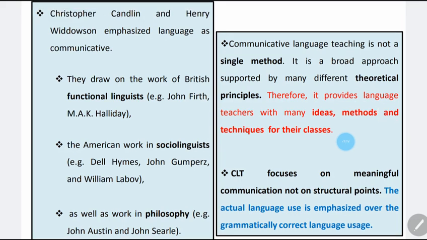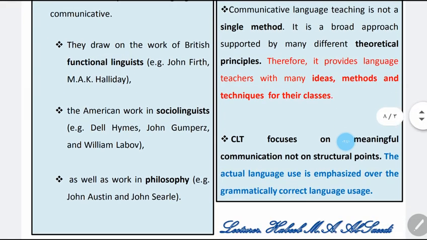Communicative language teaching is not a single method. It's a broad approach supported by many different theoretical principles because, as we said, its principles are taken from different disciplines. Therefore, it provides the language teacher with different ideas, different methods, and different activities they can use in their class.